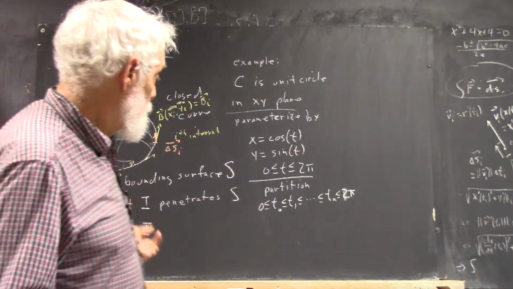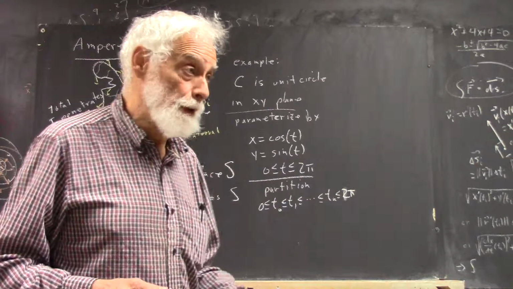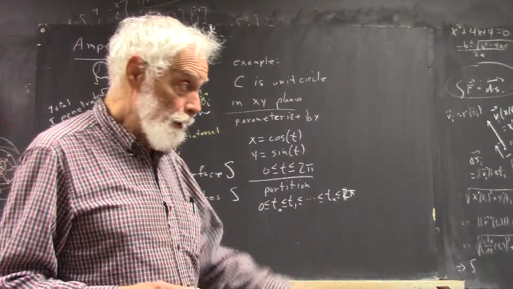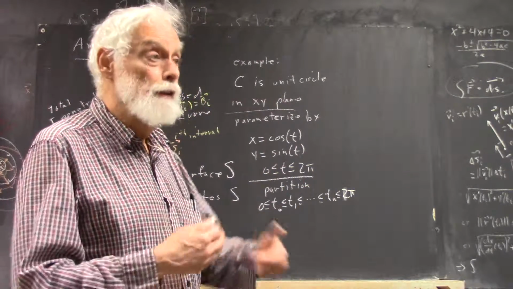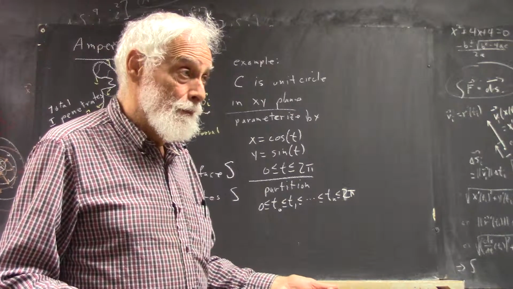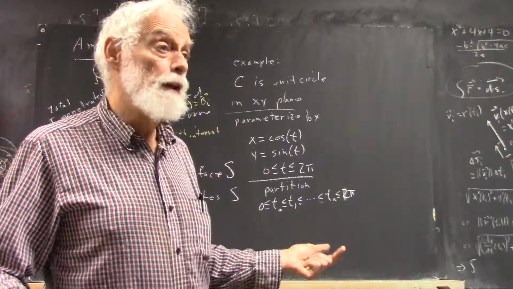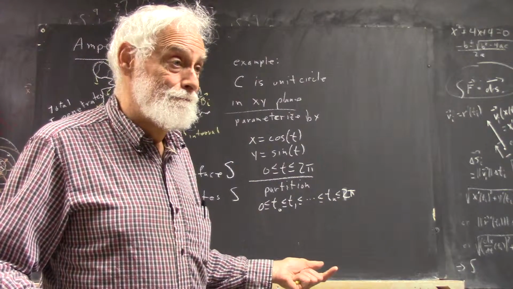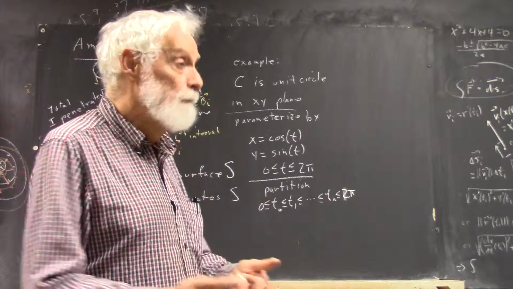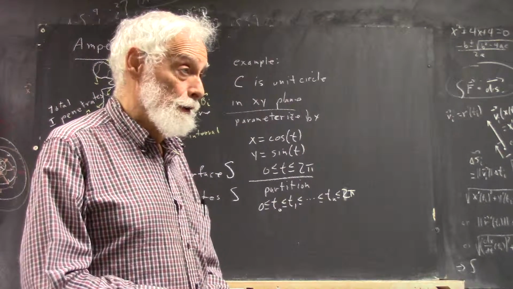So let's talk about what a solenoid is and how you calculate the magnetic field, because once you know how to calculate the magnetic field of a solenoid given the current, then you can figure out the inductance and do all the stuff we've been doing with inductance.